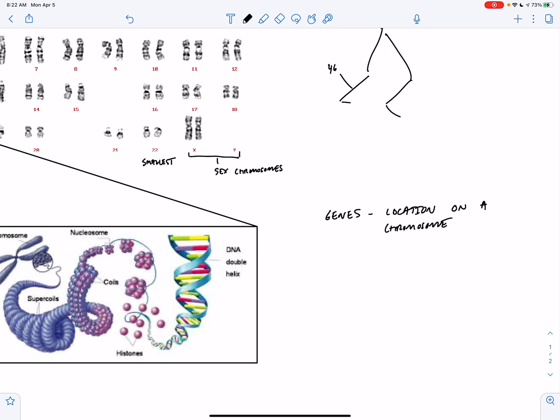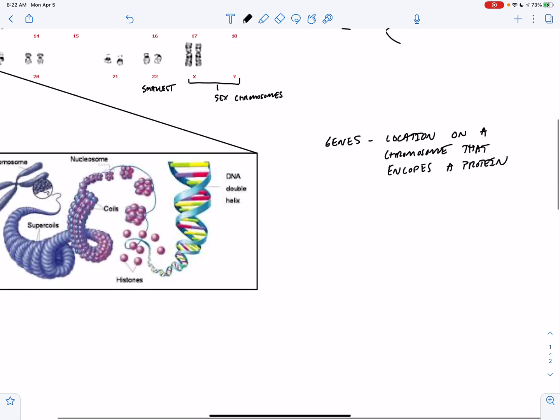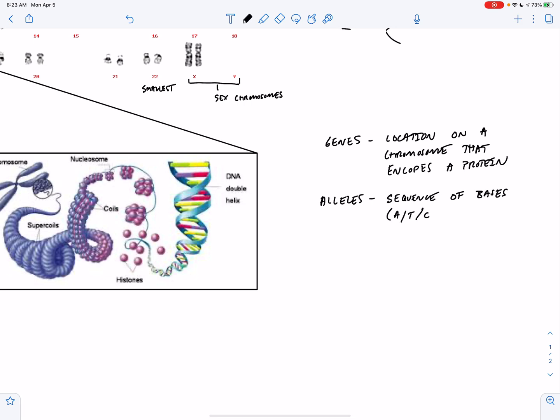So it's a location on a chromosome that encodes a protein. Everyone watching the screencast has the same gene. We all have different alleles. And alleles is what makes us different from one another. It's the sequence of bases, so A, T, C, and G in a gene location.